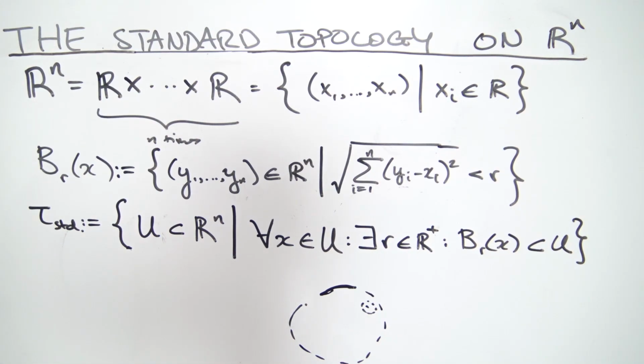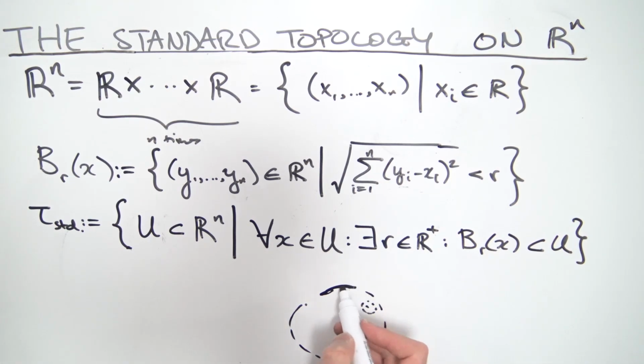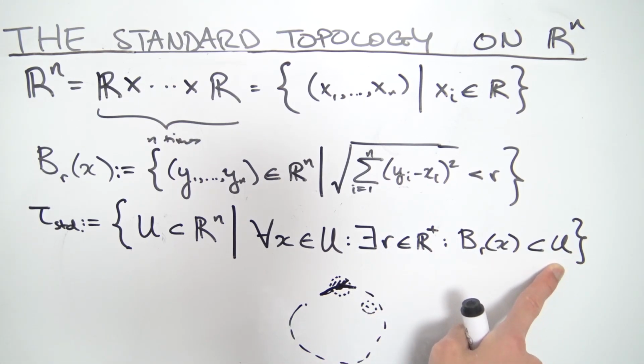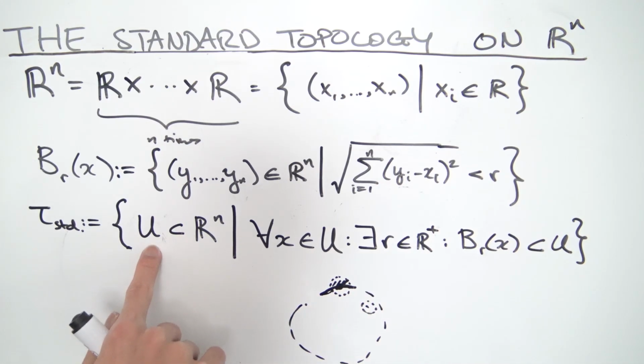That's exactly what we don't want, because this condition doesn't hold: we could take this point x, and no matter how small you make that radius, there's still going to be that overhang, so it's not entirely contained in U. So this expression is basically a test of whether these sets are open or not, and we're going to collect up all the sets that have that property. That constitutes our standard topology.